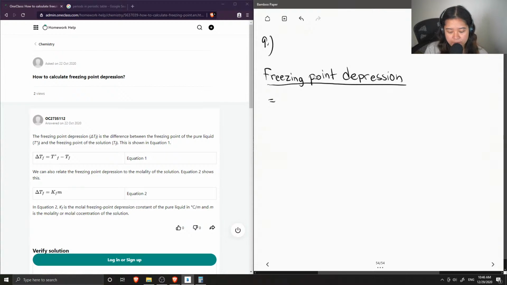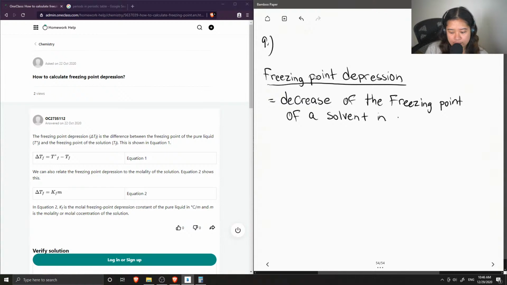So the freezing point depression is when you have a decrease of the freezing point of a solvent when you have the addition of a non-volatile solute.